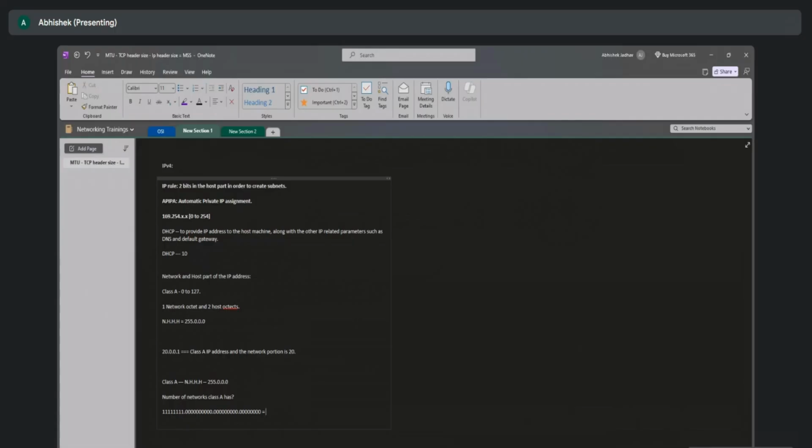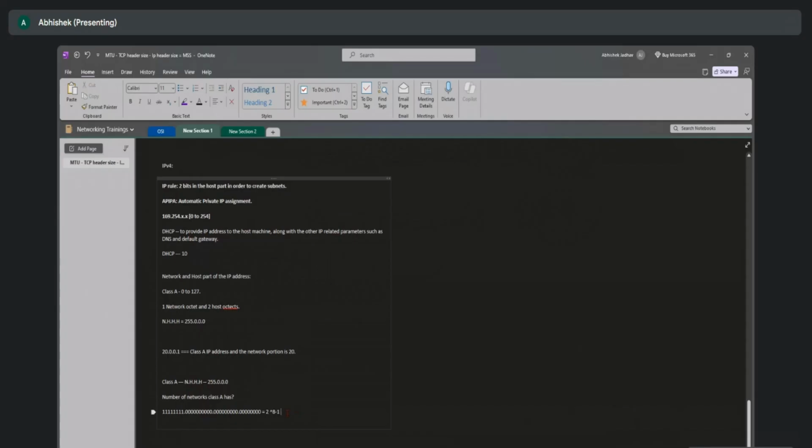The simple solution to that is 2 to the power of 8, right? And we remove 2 to the power of 8 minus 1, which we remove for the network portion of that particular network address.